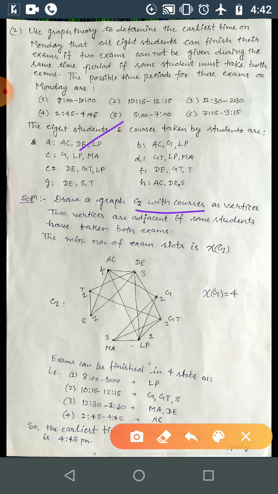And the minimum number of exam slots is given by the chromatic number of this graph. Of course, if 2 vertices are adjacent, they have a common student, so they will have different slots, correct?